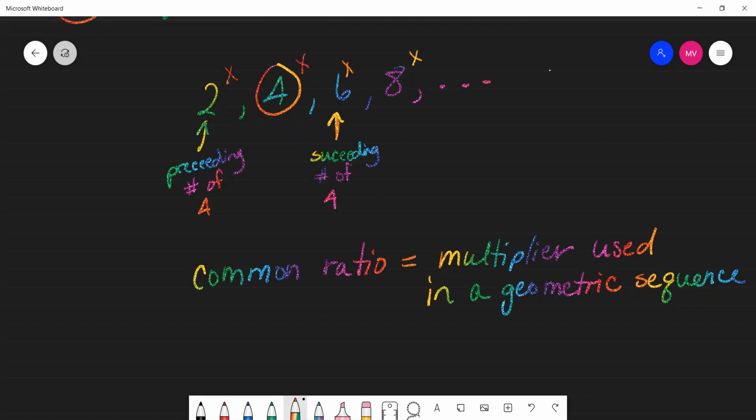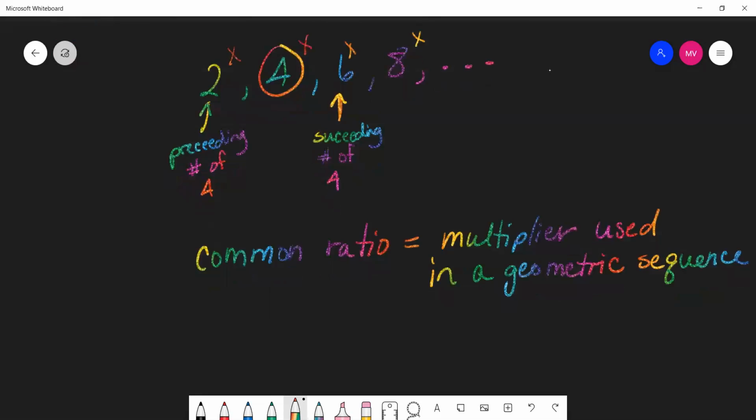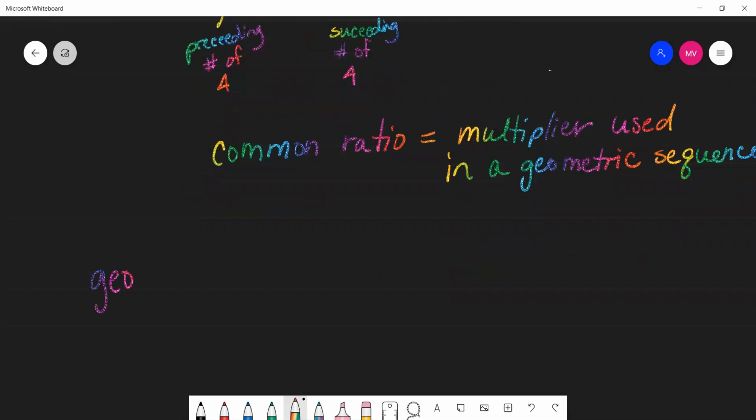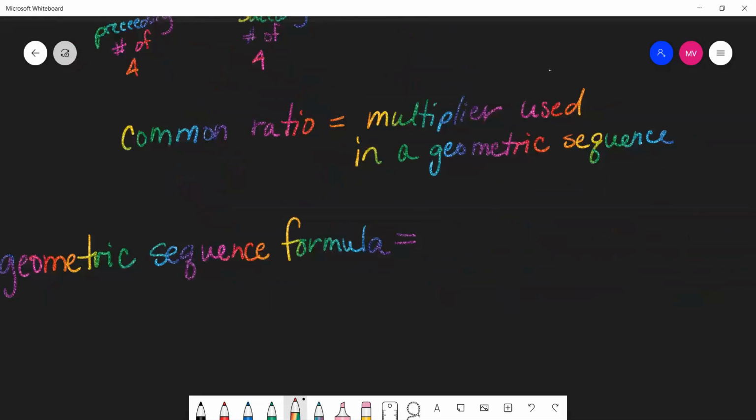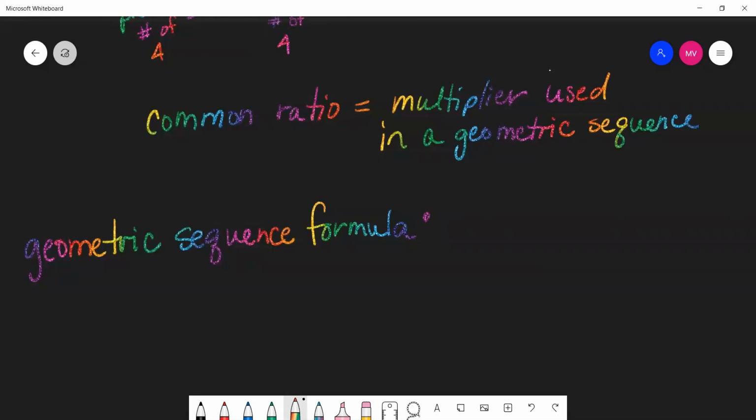So go ahead and make sure that equation is in your notes and you're recognizing that a geometric sequence formula is, any term at position n is equal to the preceding term, or a sub n minus 1, times the common ratio.